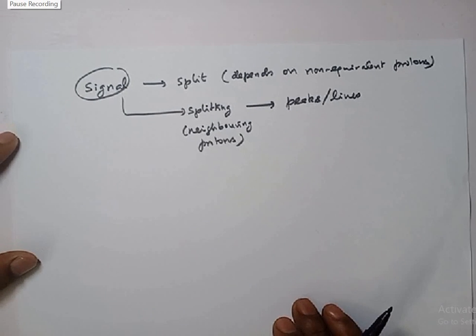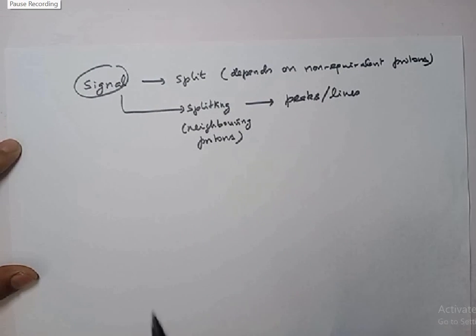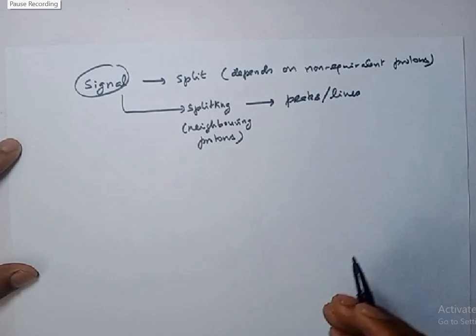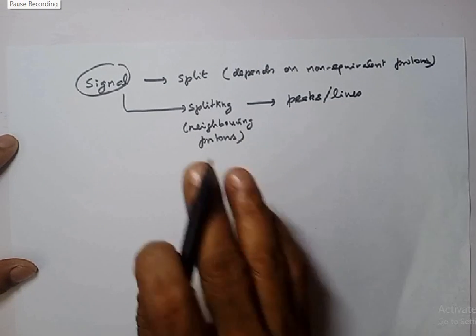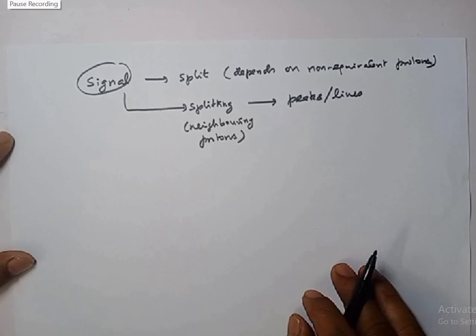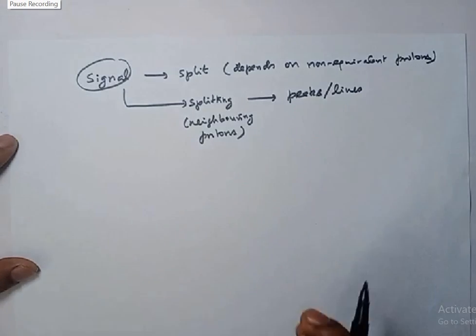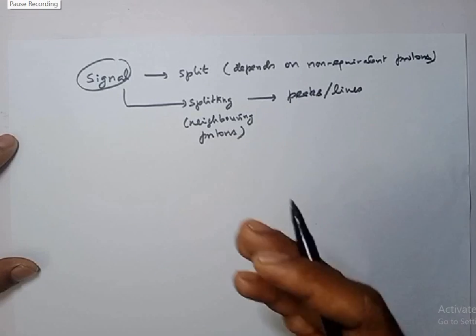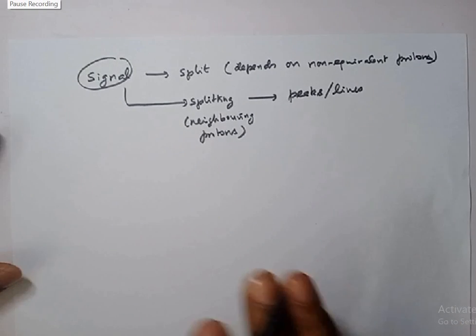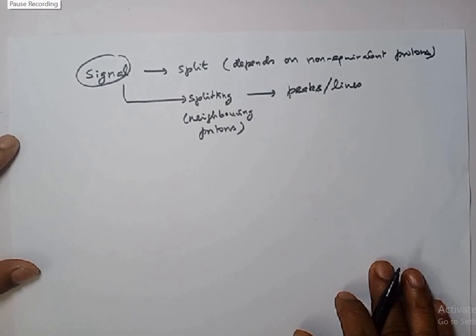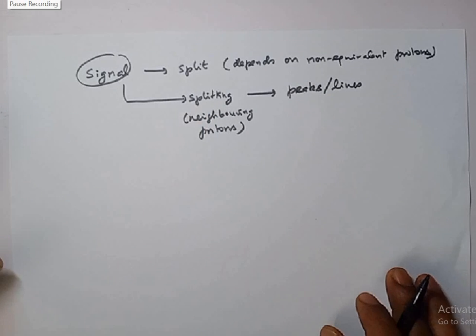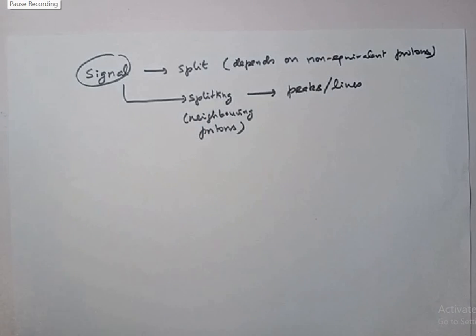Now listen, how many peaks will we get? It depends on the number of neighboring hydrogens, as I have told you. To find the number of peaks and the intensities of those peaks, we have what is called the Pascal triangle method. I'll introduce what the Pascal triangle is, and how, using it, to find the intensities of the peaks that we obtain. Now listen.